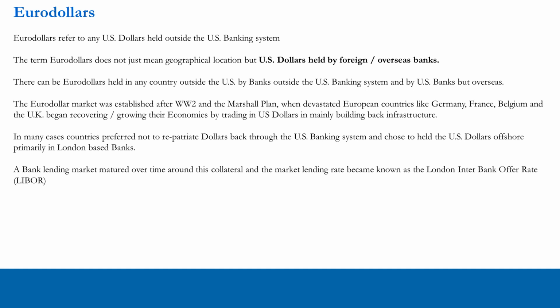They chose to hold the US dollars offshore, primarily in London-based banks. And from that, a bank lending market matured over time around the collateral. The market lending rate of that market became known as the London Interbank Offer Rate, or LIBOR.